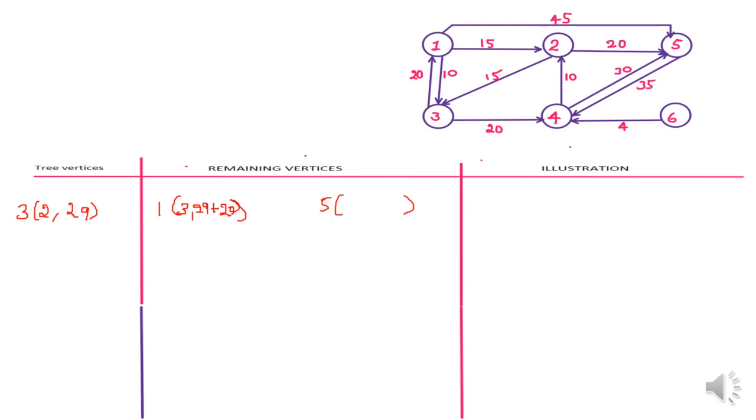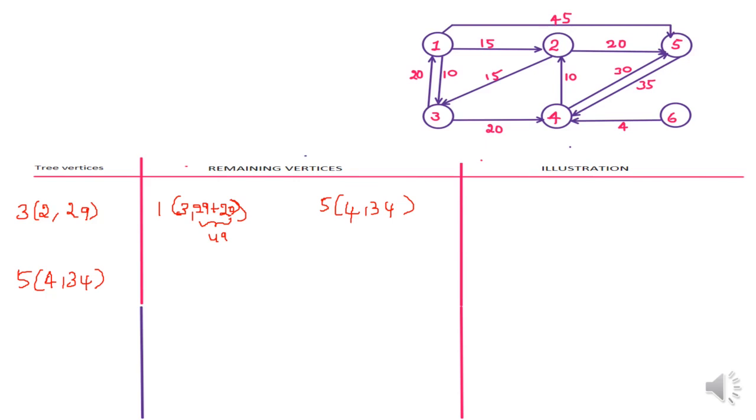Then from 3 to 5, is it making an edge? No. That is why let us retain the earlier distance as it is. This is 49. This is 34, which is minimum, this one. So let's add 5 into the penultimate vertex, 5 into the 3 vertices. Now, which is the remaining vertex?